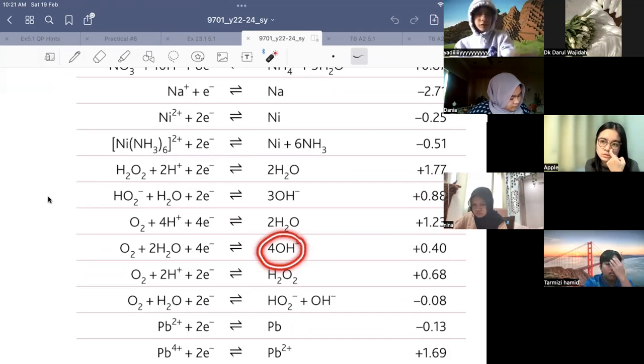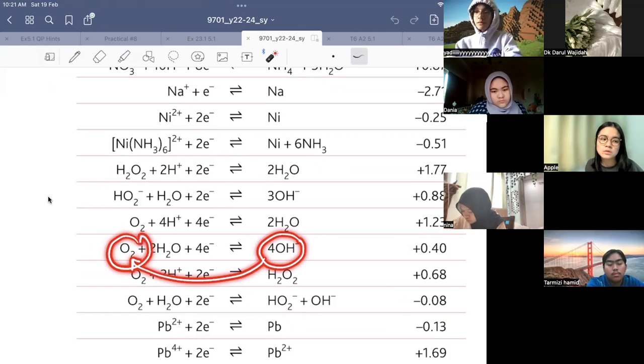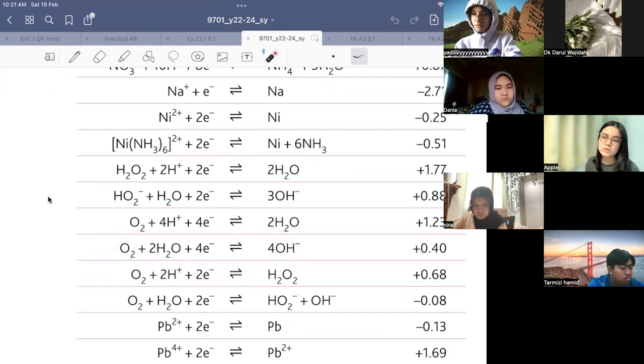So it's 4OH- forming O2 plus 2H2O plus 4 electrons.